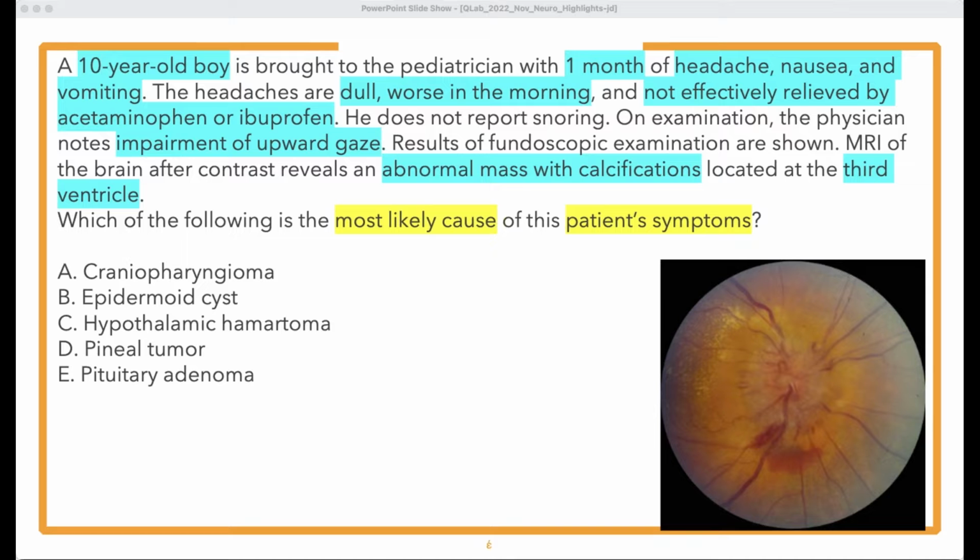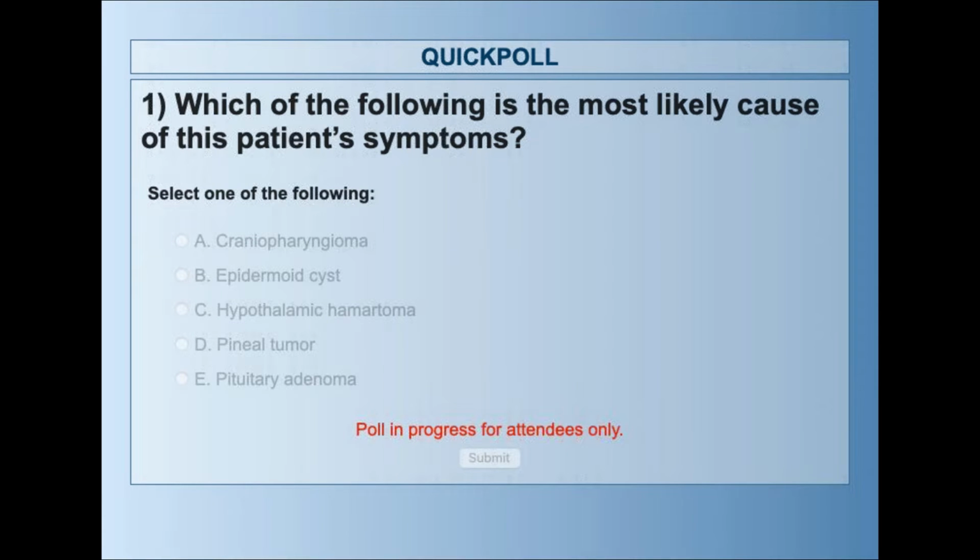Excellent. Thank you, Paris. So the poll is open. Go ahead and let us know what you think is the most likely cause of this patient's symptoms.